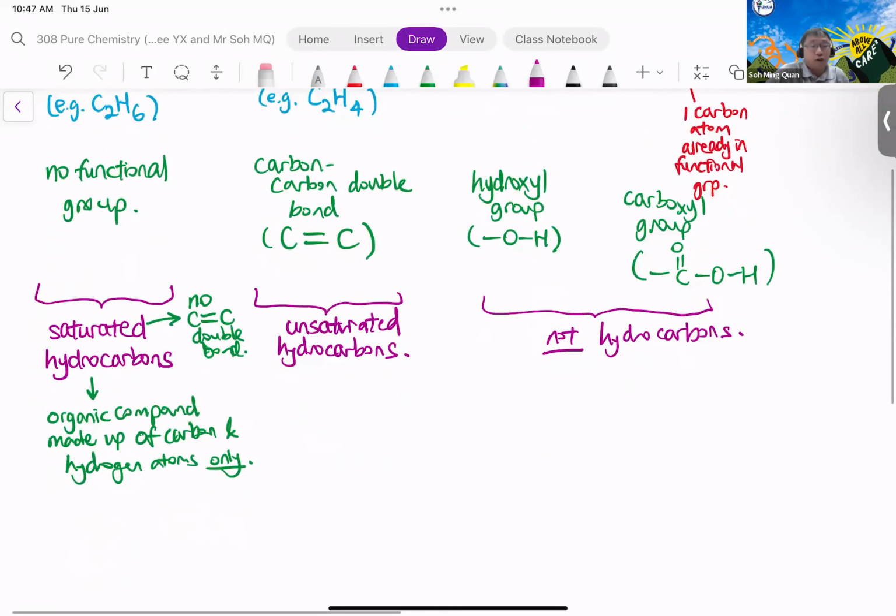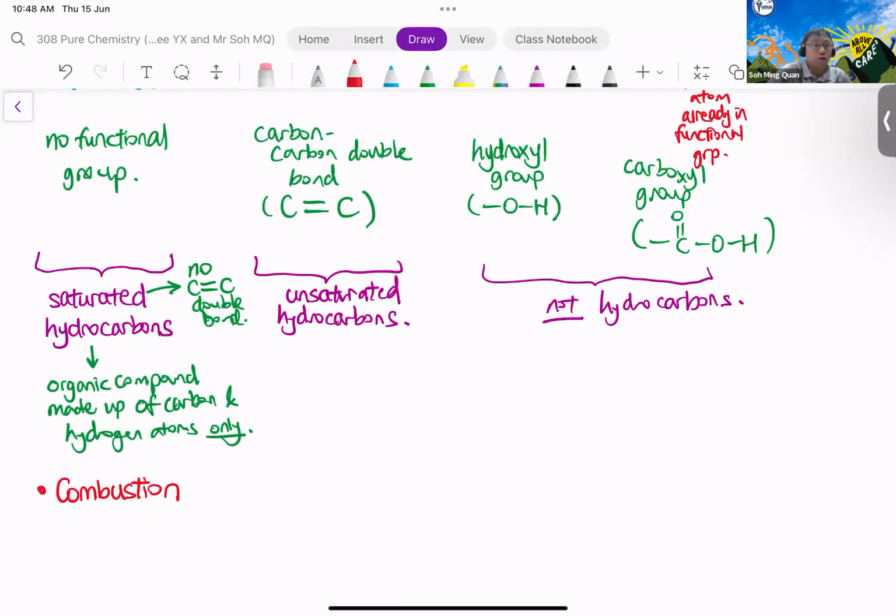Now, next we move on to the reactions. So under the reactions, you have probably learned a few. The reactions of alkanes, combustion. Okay, so combustion, I won't go through in detail. You should already know combustion is the reaction where the hydrocarbon, the organic compound, burns in oxygen gas.